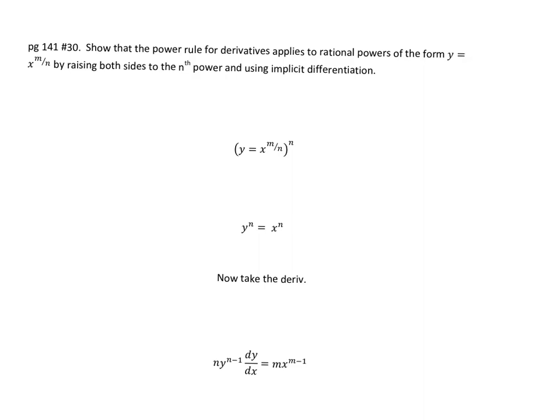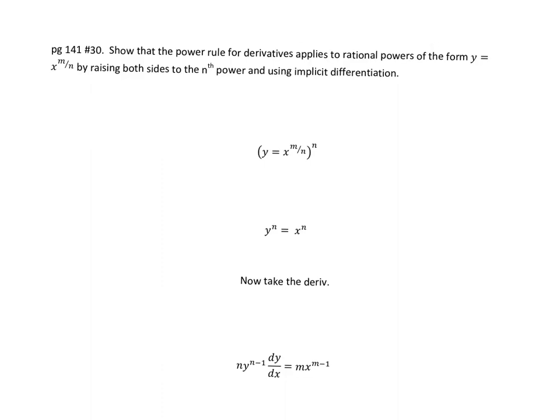Then there's a lot of algebraic manipulation that takes place, but basically we want to show that dy dx, or the derivative, is going to be the same as if we were to just differentiate that x to the m over n power. So we solve for dy dx here.